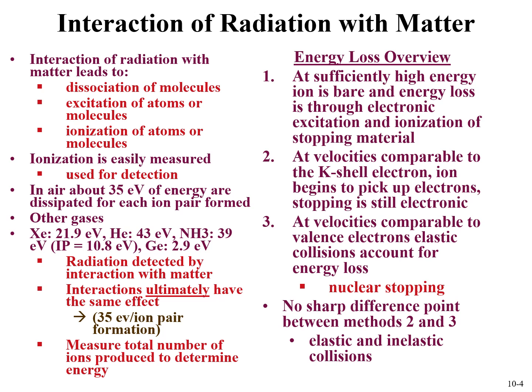At high energy, the ion coming in is bare, so imagine a helium nucleus coming in, no electrons, and the energy loss is through electronic excitation and ionization of stopping material. Now, as the velocity of this particle starts to slow and it becomes on the order of the electron velocity in the K-shell of the material that it's traveling through, this ion can start picking up electrons if it's positively charged.